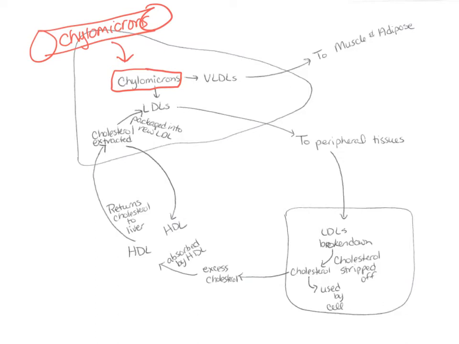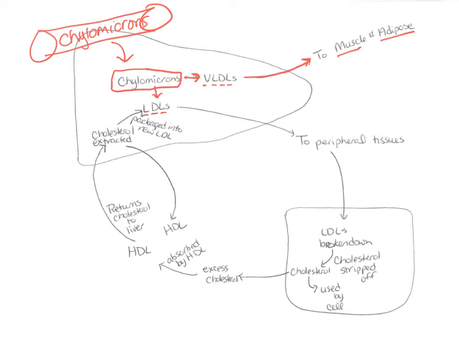So the chylomicrons are broken apart, and the triglycerides from the chylomicrons are used to produce VLDLs, so very low density lipoproteins, and those VLDLs will carry those triglycerides off to the skeletal muscle and to the adipose tissue. And some of the triglycerides from the chylomicrons will be used to produce these LDLs, or low density lipoproteins.